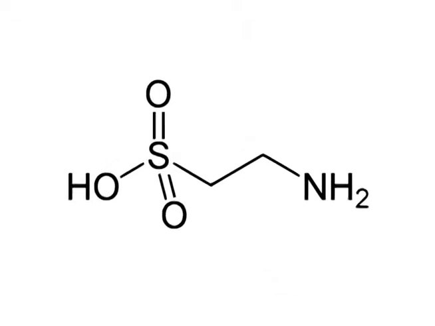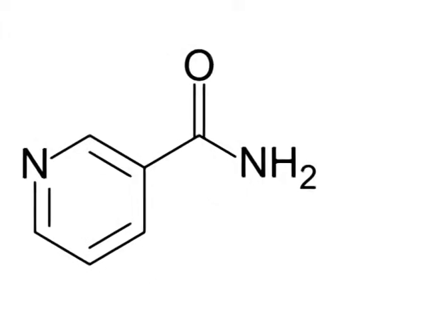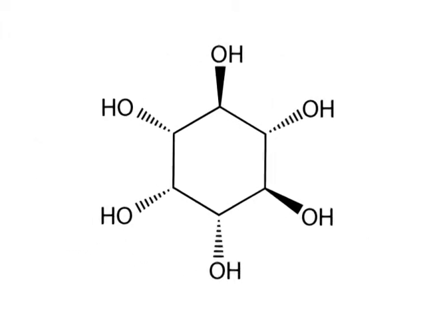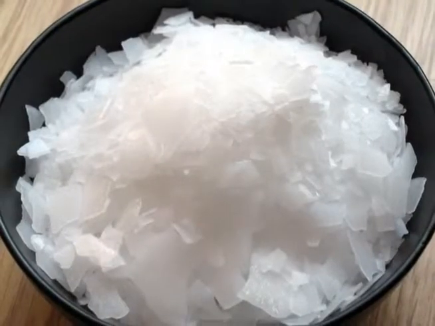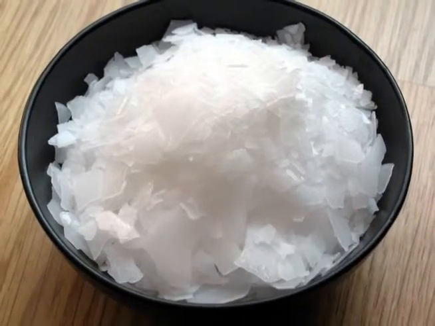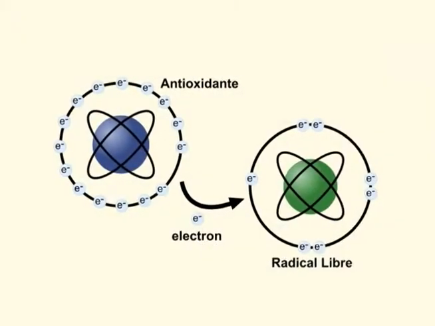Taurine, which improves aerobic and anaerobic endurance. Niacinamide, which lowers cholesterol. Inositol, an essential component of the membranes. Magnesium chloride, which has over 50 benefits including strengthening the immune system, aiding joint problems, and aiding the cardiovascular system.